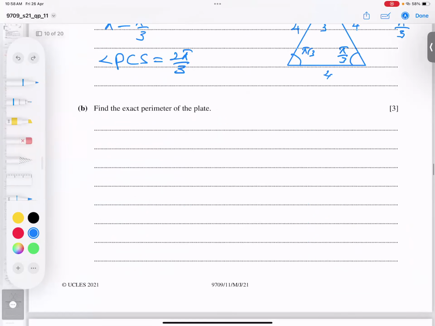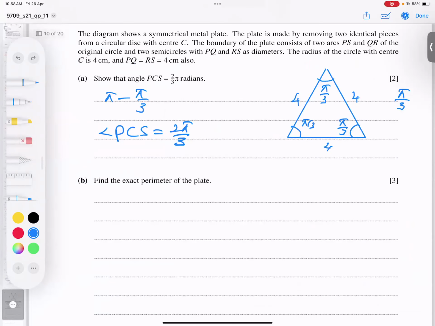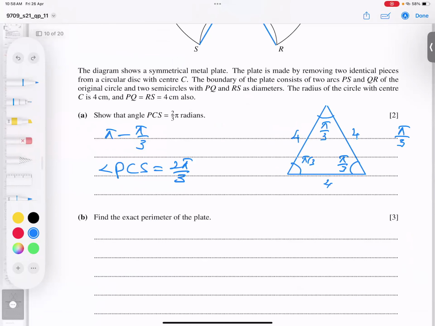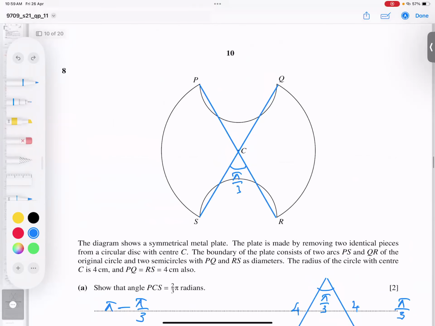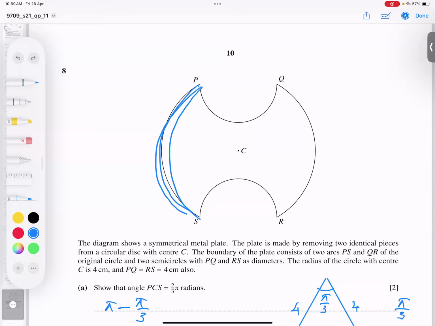He is saying exact perimeter. Exact means a root 3 format can sometimes come. Don't write in decimals. So let's try to do it. Exact perimeter of the plate. Actually, where is the plate? If you look carefully, students, the plate is this part, this perimeter. First of all, let's talk about PS. PS and QR are the same lengths, so I find PS and multiply by 2. But the problem is that I don't know the lengths.